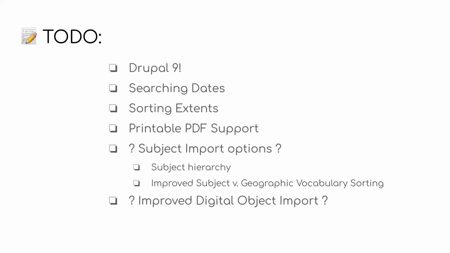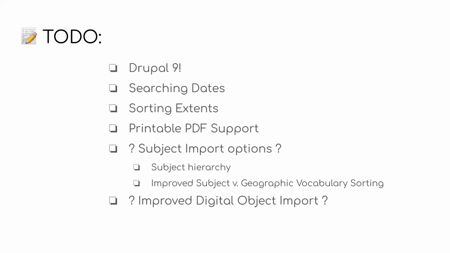Other things that could be worked on, but we'll see what the community wants, is a little bit better subject import options. For example, Drupal has the notion of hierarchy with taxonomies. So you can say, hey, this subject term is a child of that subject term. And what we could do is you could say, hey, I have the topic Las Vegas, but I also have Las Vegas history or Las Vegas something else.